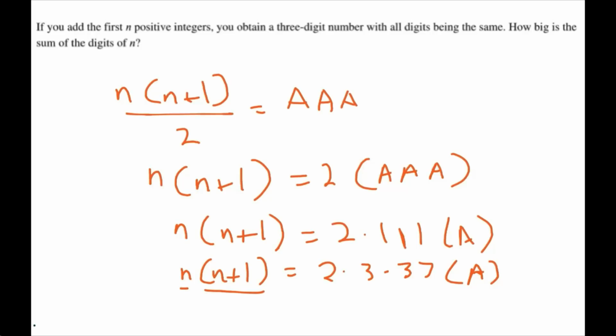And luckily, if we let a equal 6, we get that 6 times 6 is equal to 36. So n would equal 36 when a is equal to 6. The problem states how big is the sum of the digits of n. So adding up 3 plus 6, we get our answer of 9.